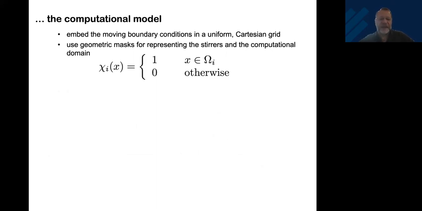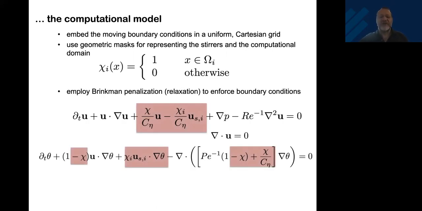Okay. And if you bring the masking in, you have to augment your governing equations, and you get additional terms, just like with the immersed boundary method, that penalize the velocity to bring it down to the stirrer's velocity.